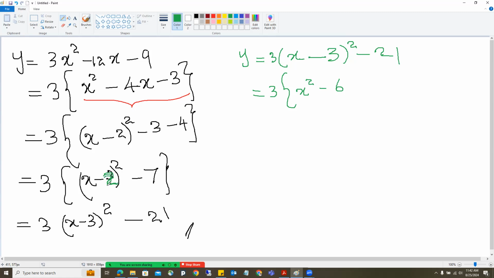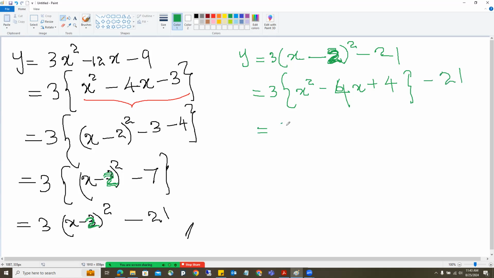x minus 2, sorry. Here it should be x minus 2. Yes, that's what you are saying, right? Okay, x minus 2. Then x squared minus 4x plus 4. So we can close this bracket, minus 21.